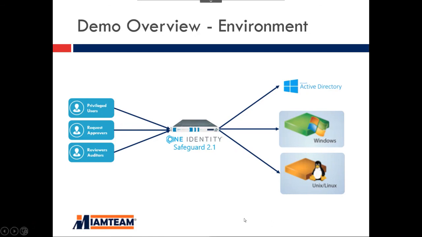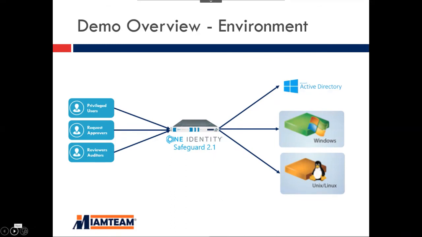So in this demonstration, we will be using One Identity Safeguard as our privileged access management tool. And then there will be three actors: the privileged user, the approver, and the reviewer or auditor. The assets would include an Active Directory, a Windows server, and a Linux server.